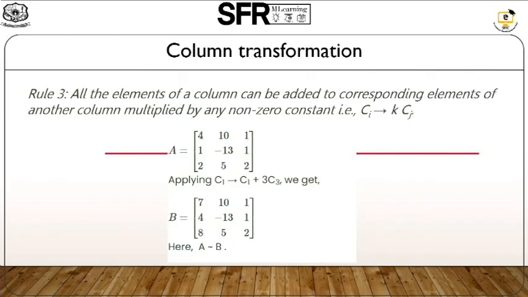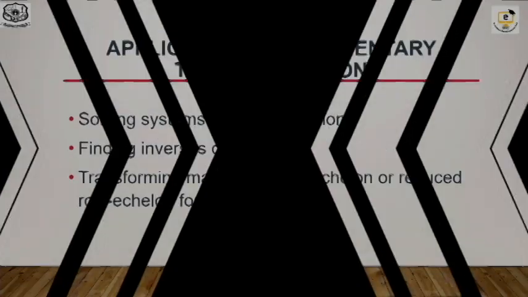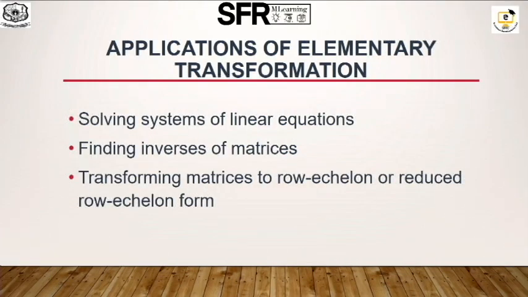Then second one is 1 plus 3, 4. Then third one is 2 plus 6, 8. So, we obtained the transformed matrix B as 7, 4, 8 column-wise. Then second column 10 minus 13, 5. Third column contains 1, 1, 2. Then what are all the applications of elementary transformations?